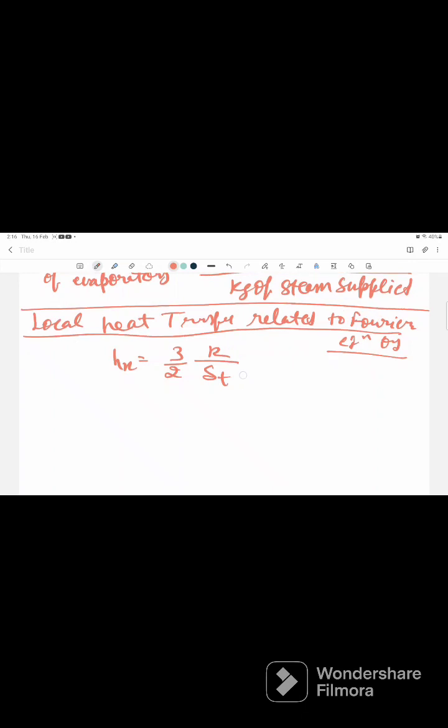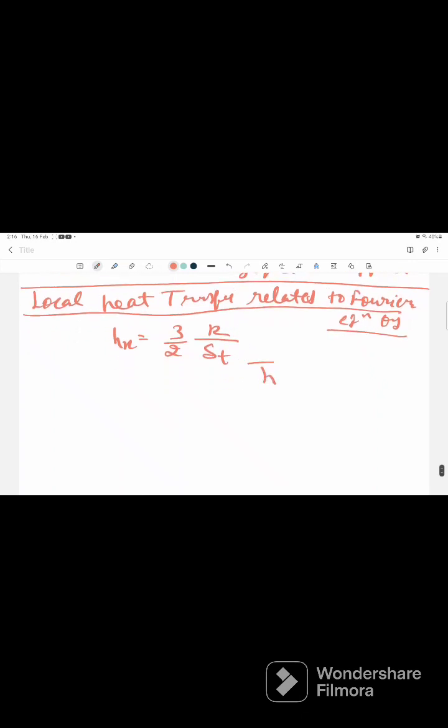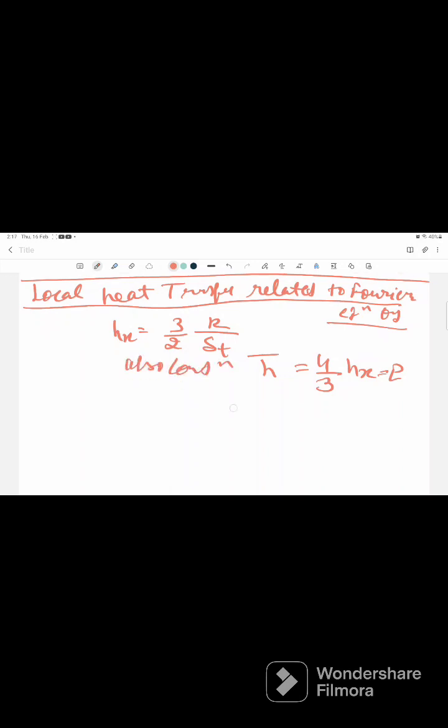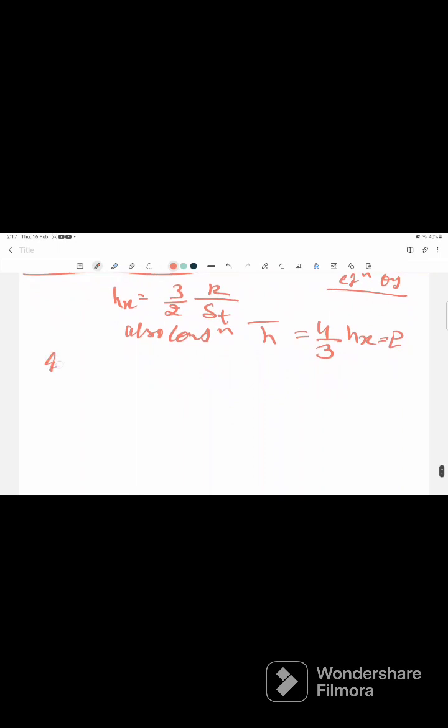Okay, H bar is defined as 4 by 3 Hx. So also the condition Qx by A is equal to Hx (T wall minus T surrounding) minus K dT by dy at y is equal to 0.